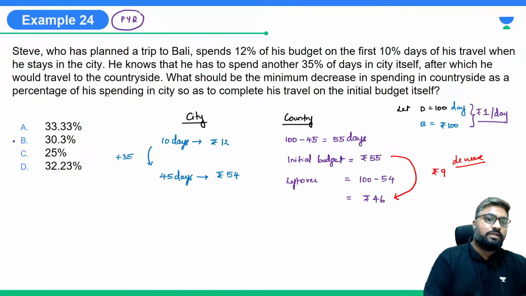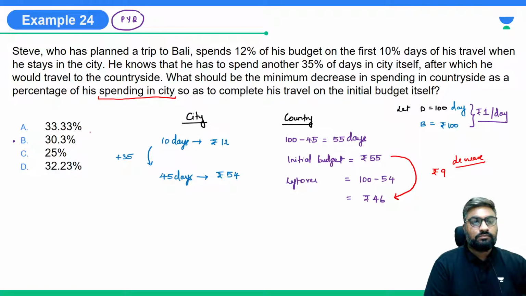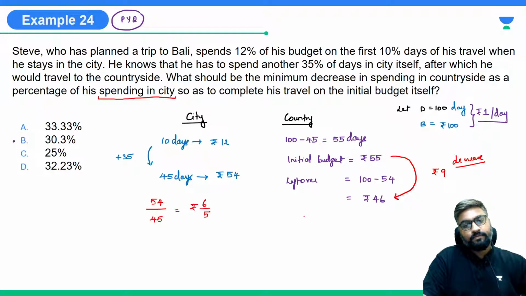Yeah, as a percentage of his spending in city. So basically here he has spent 54 rupees in 45 days, which is basically 6 by 5 rupees. Yeah, and here 46 rupees for 55 days.